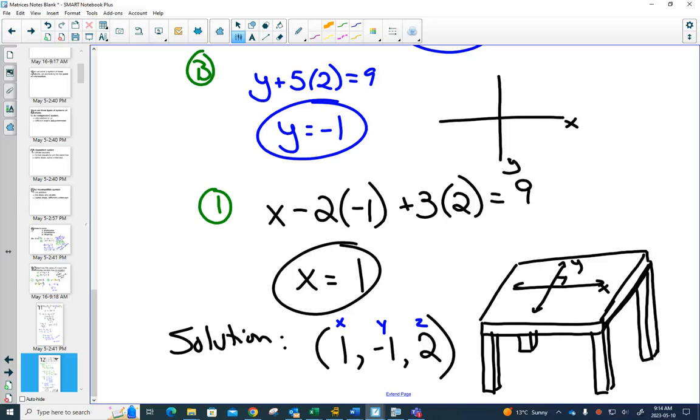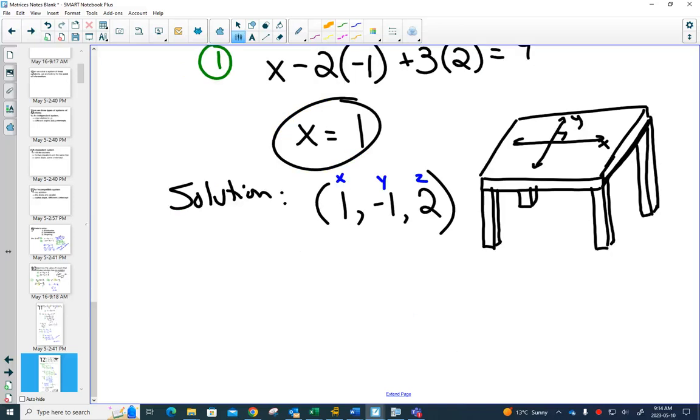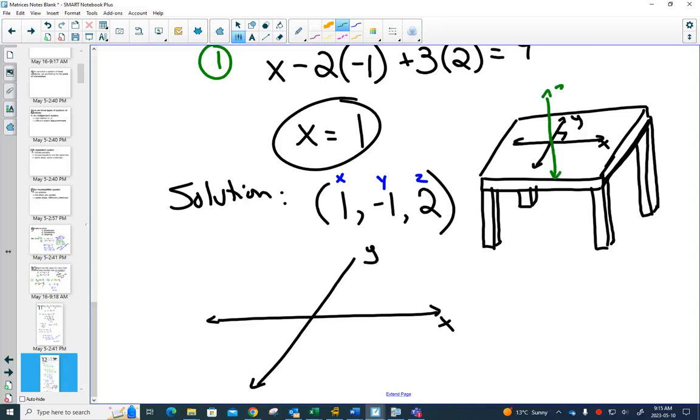But you're imagining it in 3 dimensions, so in your head, you can see it. I've taken the piece of paper, and I have drawn my x here, my y there, and it's now in 3 dimensions. And in 3 dimensions, I could draw something straight up and down, and that would be my z-axis.